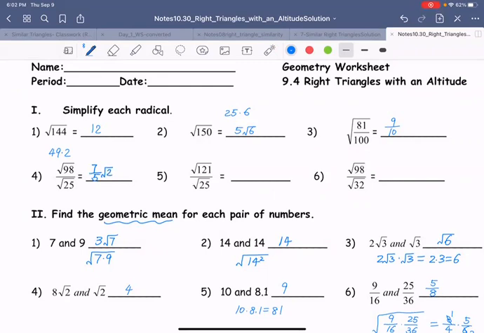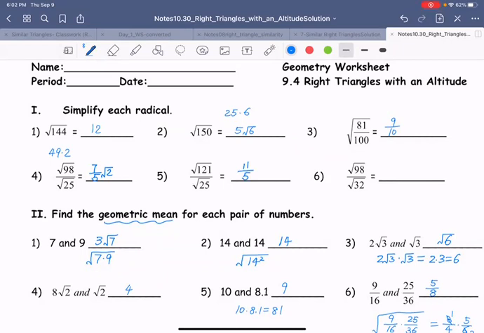Okay. Valeria, number 5. Okay, so you need to find the square root of 121, so that's 11, and the square root of 25 is 5, so it's 11 over 5.